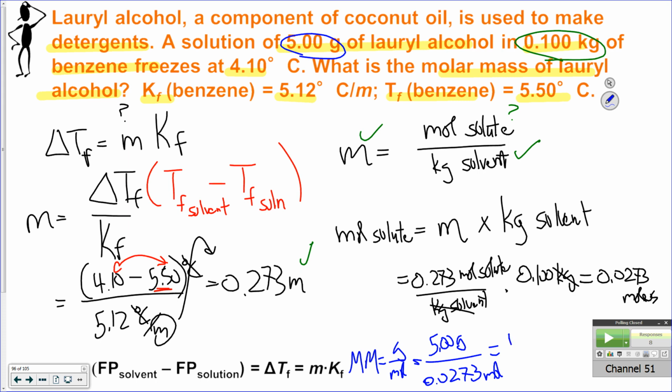And I get 182.8, round it to 183 grams per mole. That's the molar mass of that compound.